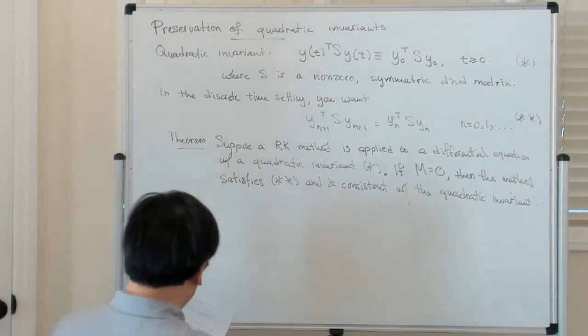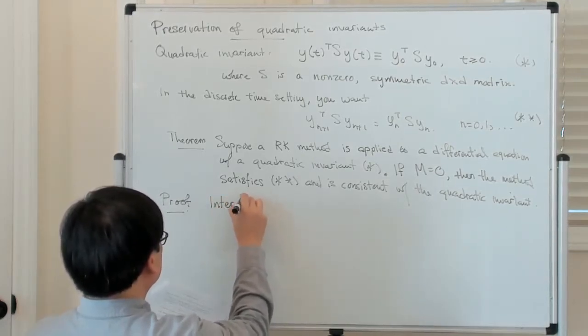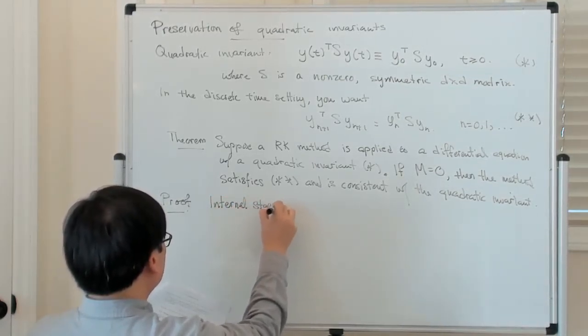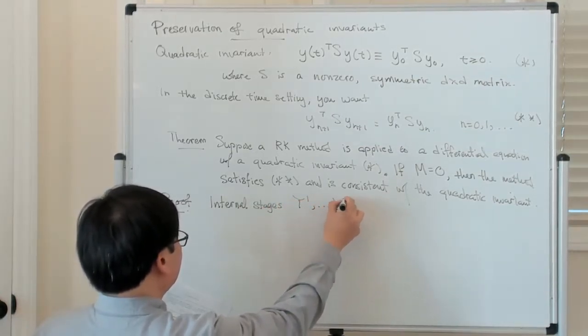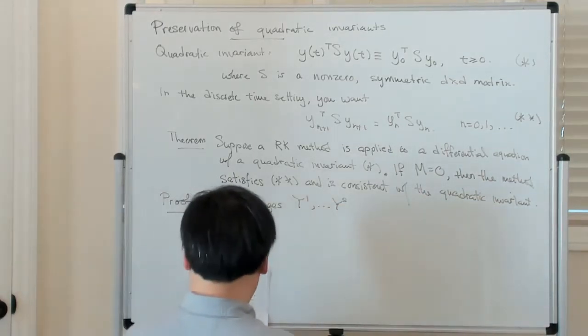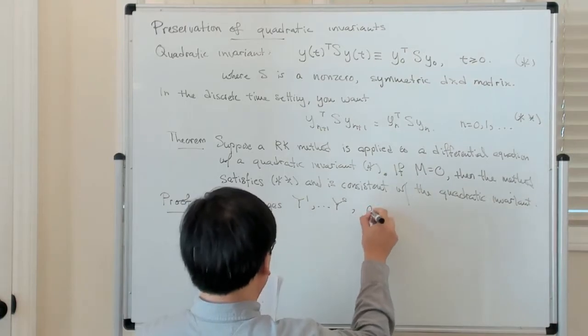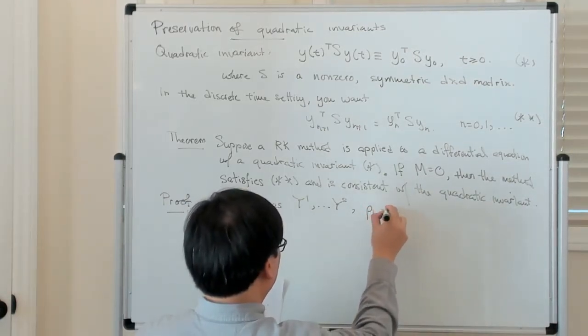So you have again the internal stages of the RK method, denoted by y1 to ys. And then you can have rho_k be the vector field associated with this.